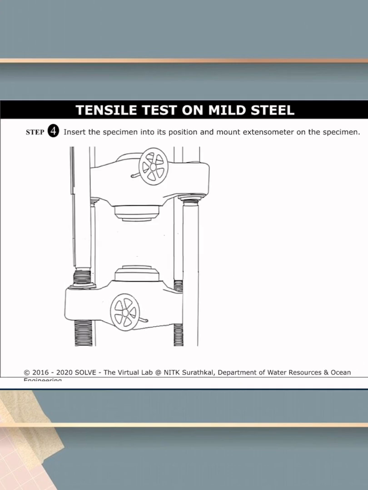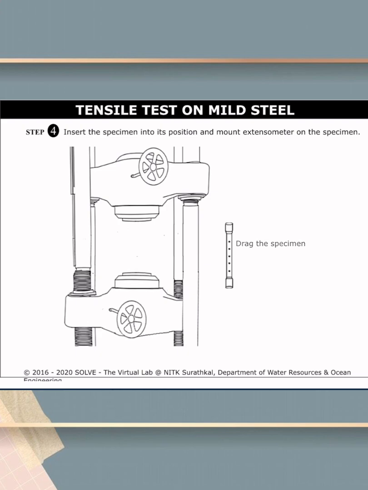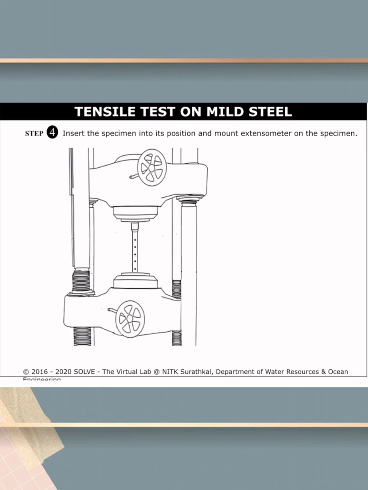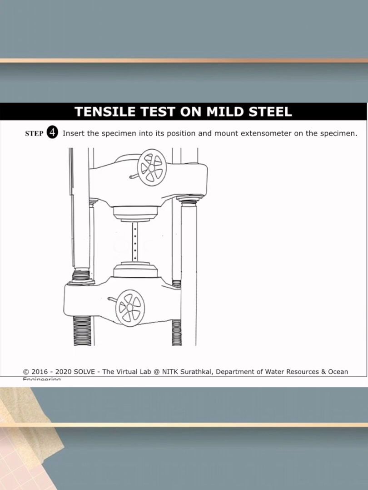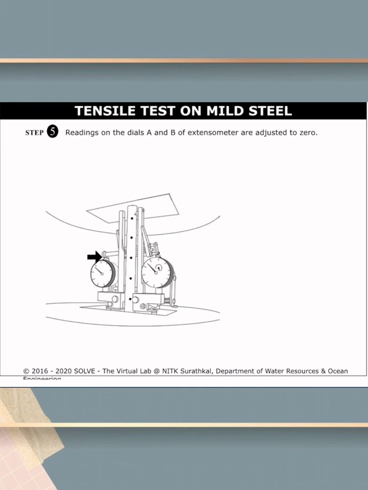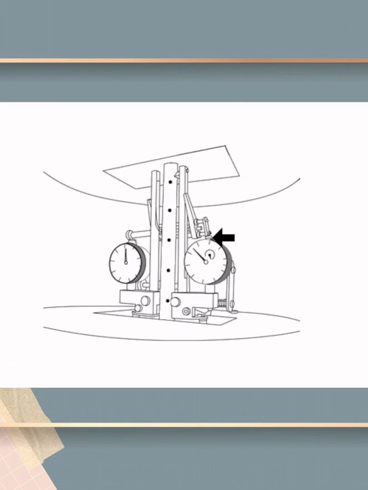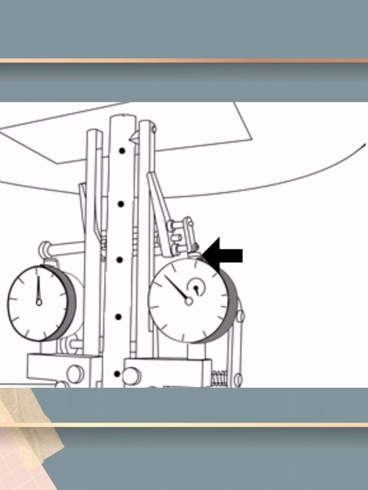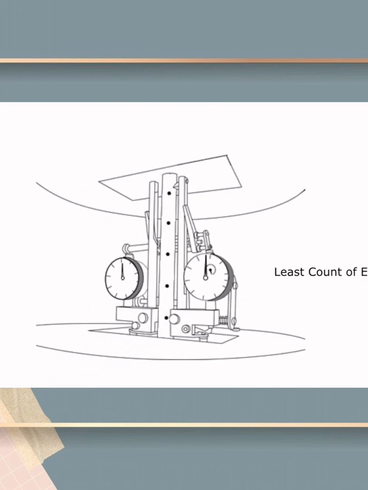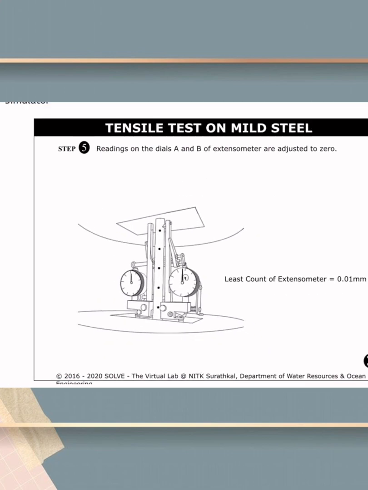We must insert the specimen into its position and mount extensometer on the specimen. Step 5. We should adjust the readings on the dials A and B of the extensometer to 0. The least count of extensometer is 0.01 millimeters.